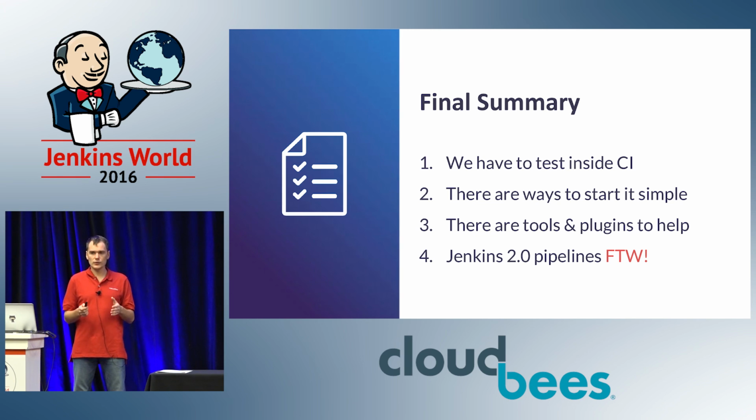There are ways to start simple and help teams who haven't adopted Jenkins and CI machines yet to start doing it. There are tools and plugins to help with that, help parallelize things on your way, mitigate all of the challenges, fight them. And the Jenkins 2.0 pipeline plugin and the view of pipeline jobs, a one-way road, is the way to go, is the future, and this is how you should organize that.